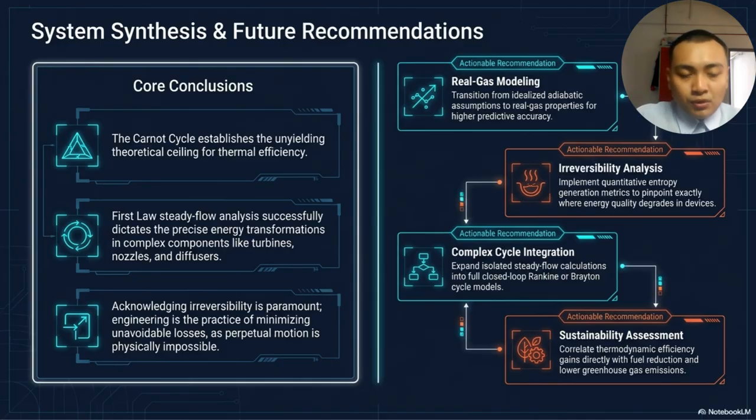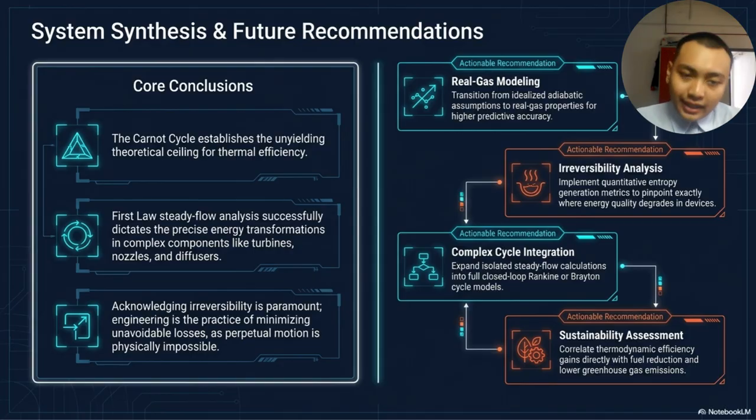To build on this project, our group has proposed four actionable recommendations. Real gas modeling moves past ideal assumptions to real gas properties for higher accuracy. Irreversibility analysis uses entropy generation metrics to pinpoint where energy degrades.